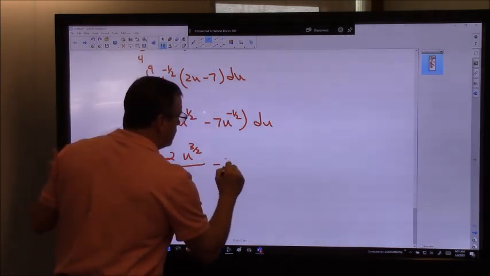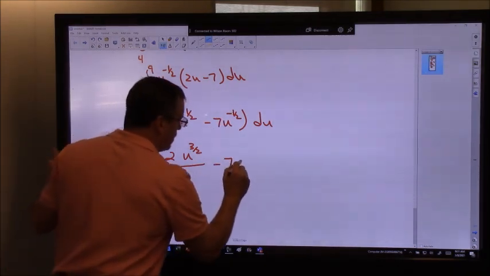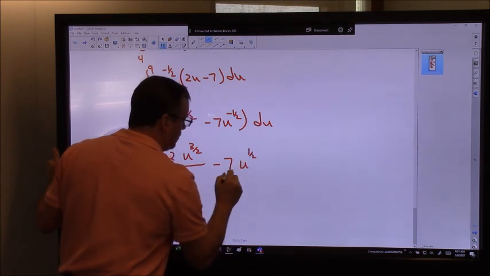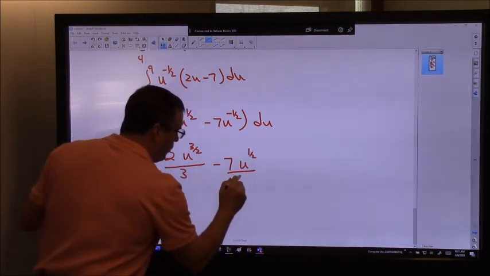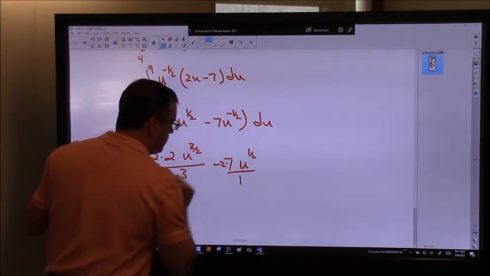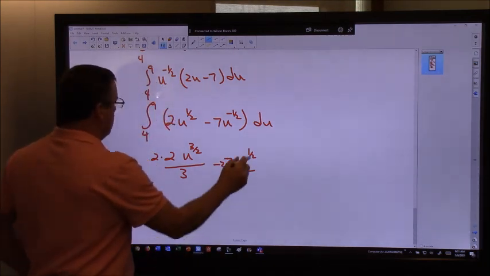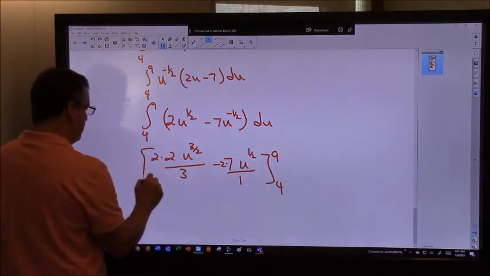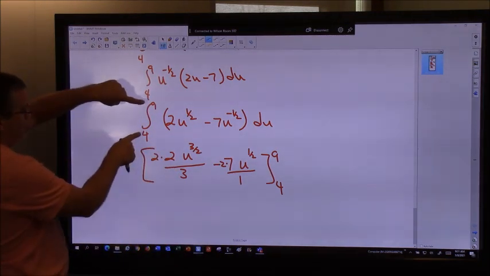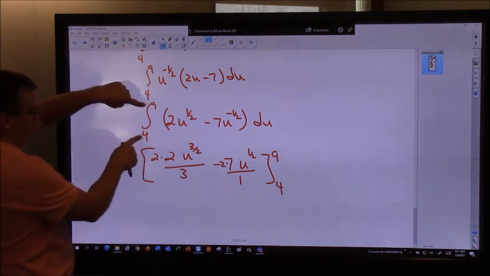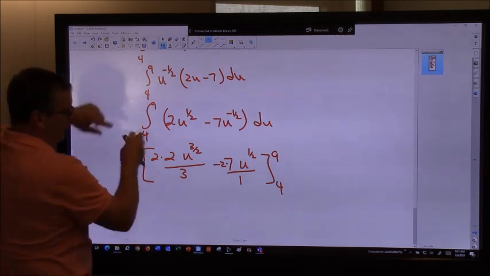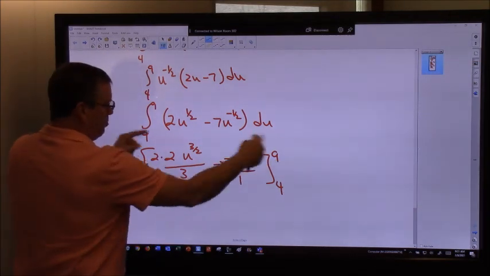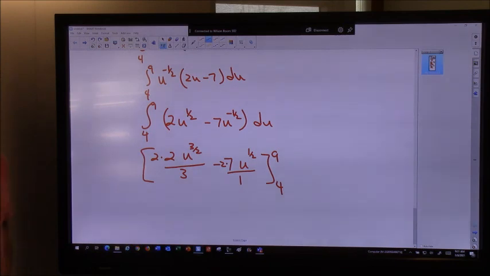Minus 7, if I add 1 to the exponent, I get u to the 1/2, divided by 1/2, and evaluate from 4 to 9. If those numbers weren't there to begin with, then I would just write plus c and put my x values back in, right?